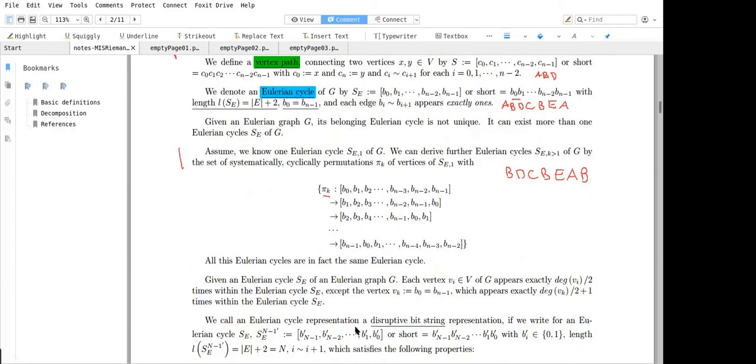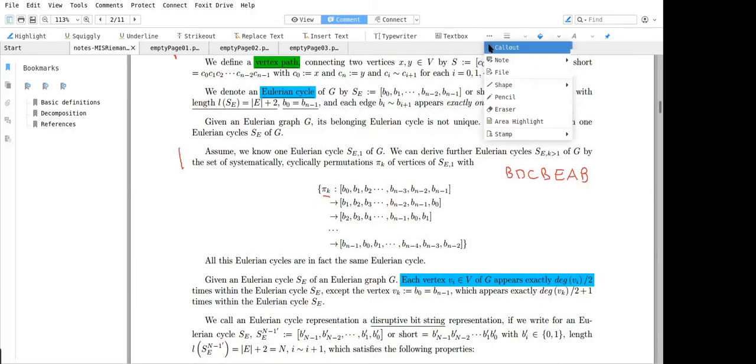Then, given the Eulerian cycle, each vertex appears exactly degree half times. That's not very surprising.